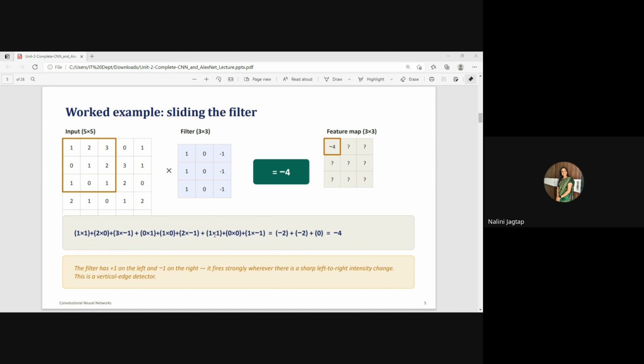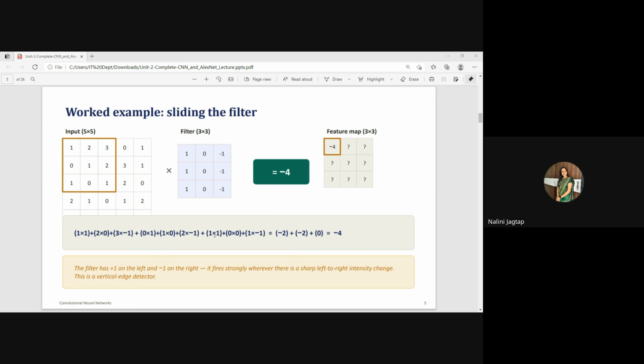So notice the pattern in the filter itself. The filter has the plus one on the left column and minus one on the right column. This means the filter produces a large magnitude value wherever there are sharp left to right changes in intensity.